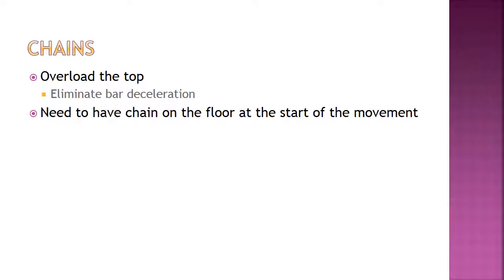So it's important in your setup to have chains on the floor at the start of the movement, so that at the bottom portion, where the lift would be harder, you have less weight. You're essentially pushing less weight, but as you move to the top, the weight gets heavier and heavier. This is going to require what's called an anchor chain.